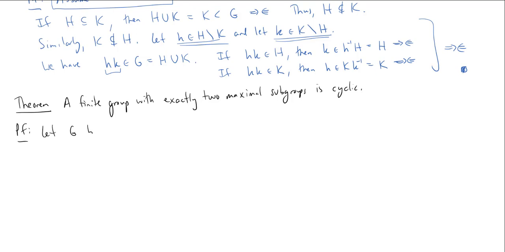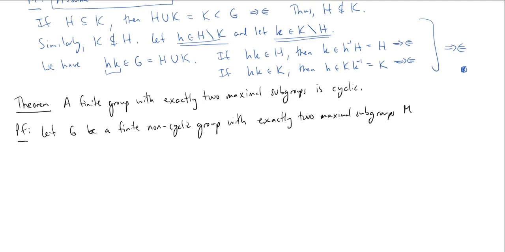So let G be a finite non-cyclic group with exactly two maximal subgroups. Now let's just call them, say, M and N. All right, I'm going to choose some element from the group.